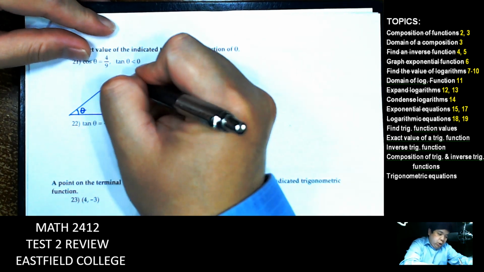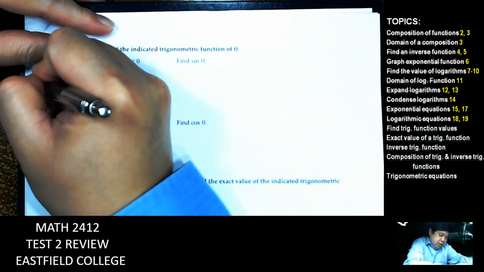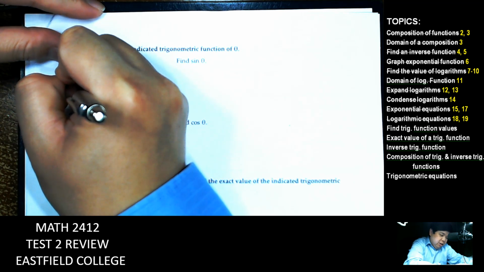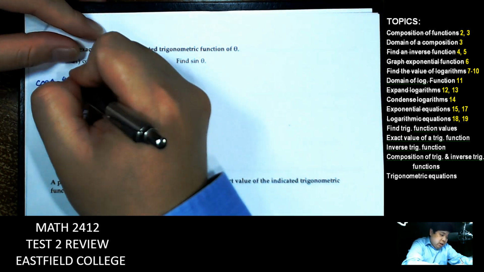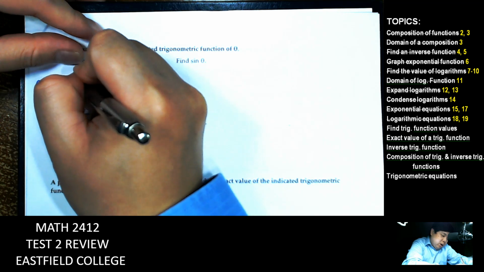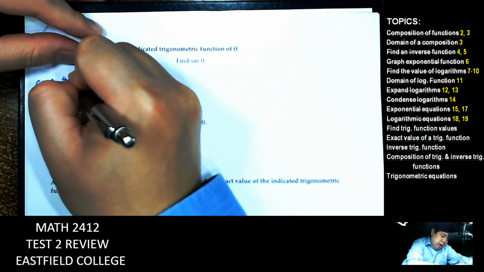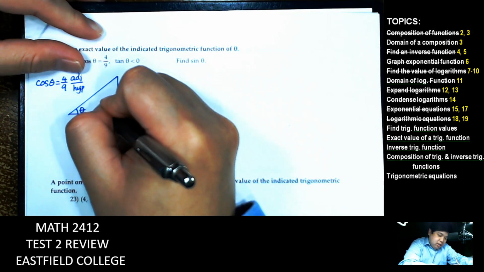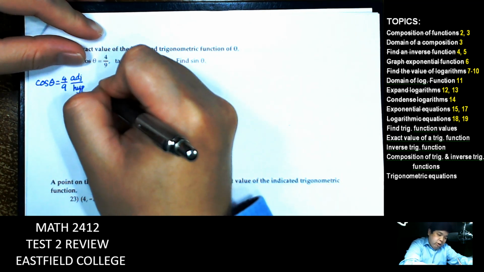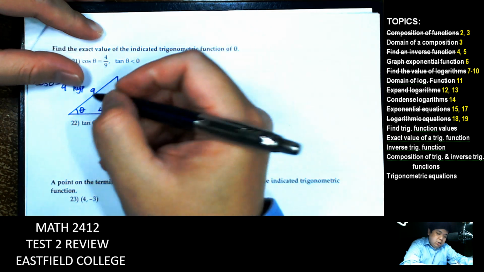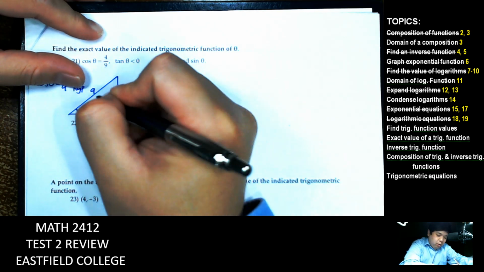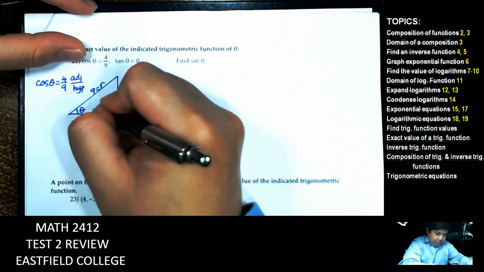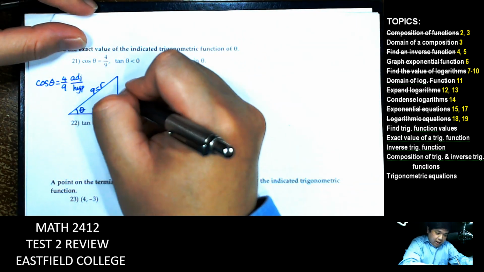Cosine we do know is 4 over 9. Cosine is adjacent over hypotenuse. Adjacent over hypotenuse. So that pretty much x equal to 4 and r equal to 9. Then we have y.